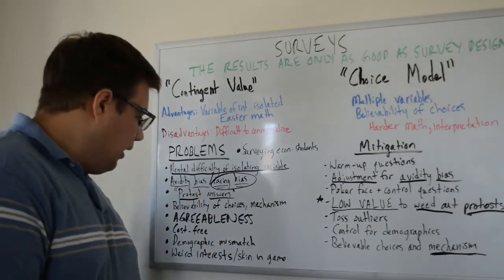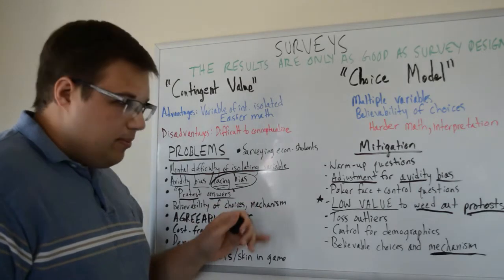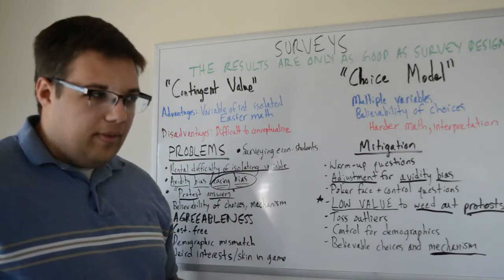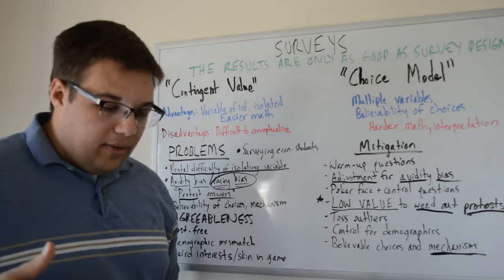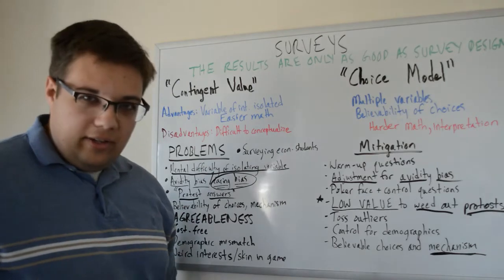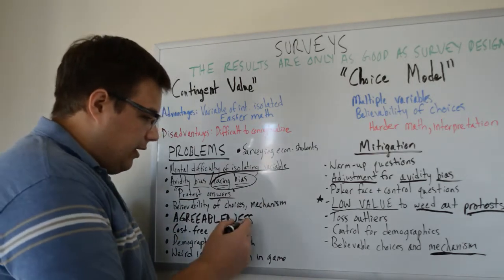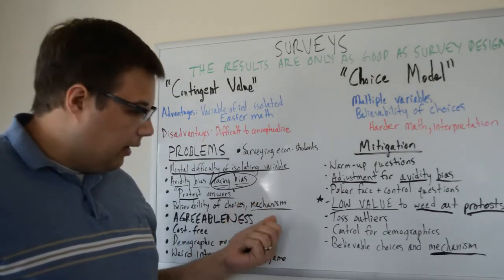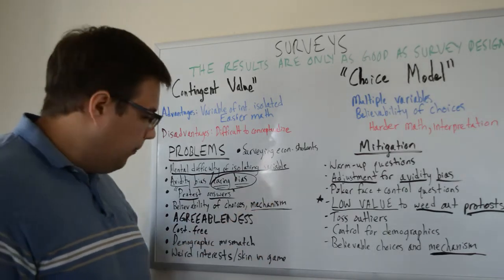The next one is, again, the believability of the choices and the mechanism. If people just don't believe that if they pay, in a hypothetical future, anything will get done, they just believe it'll be wasted or whatever, then they're likely to tell you a much lower number, because they don't see the mechanism for accomplishing the desired change or protecting the place as believable.